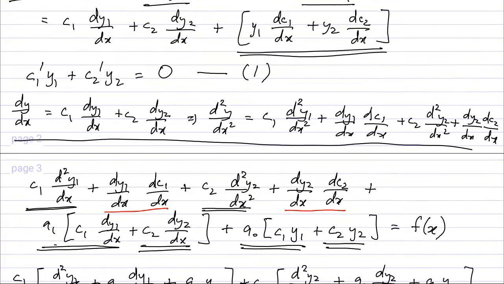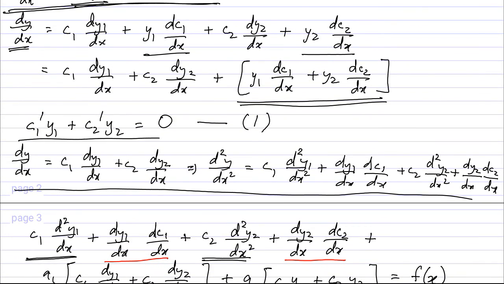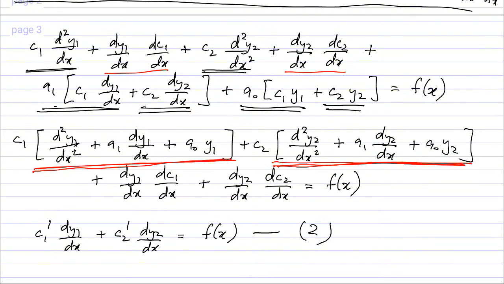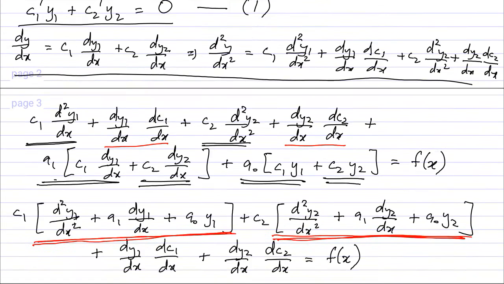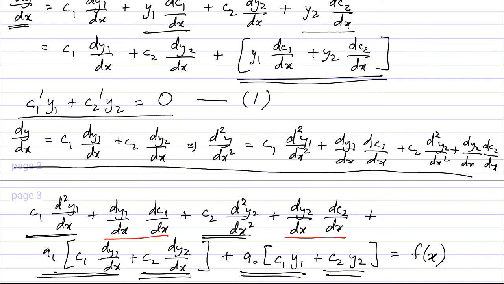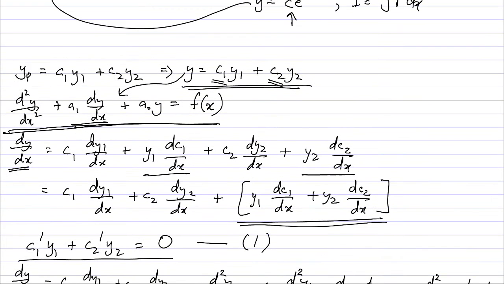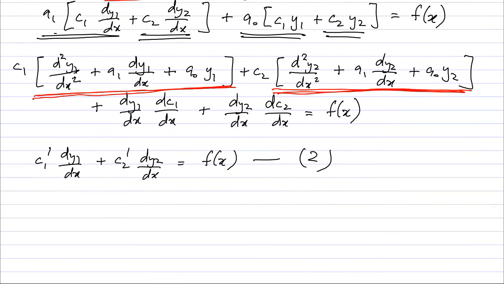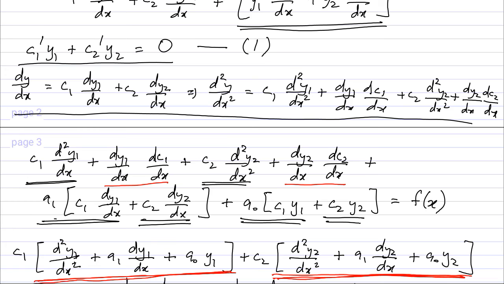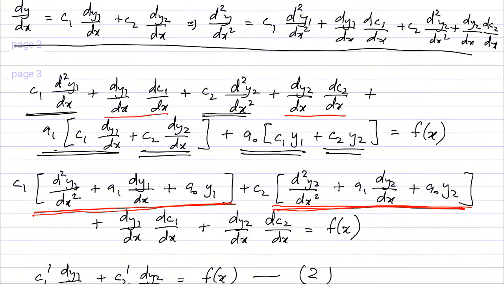So if you look at equation 1 and equation 2, you have two simultaneous equations for c1 prime and c2 prime. Remember, you have to find c1 and c2, because if you know c1 and c2, then you know y, because you know y1 and y2. So you have two equations that you have to solve simultaneously, c1 prime and c2 prime, equation 1 and equation 2.